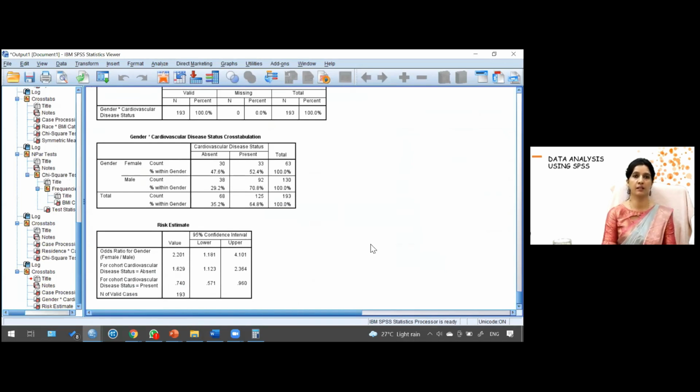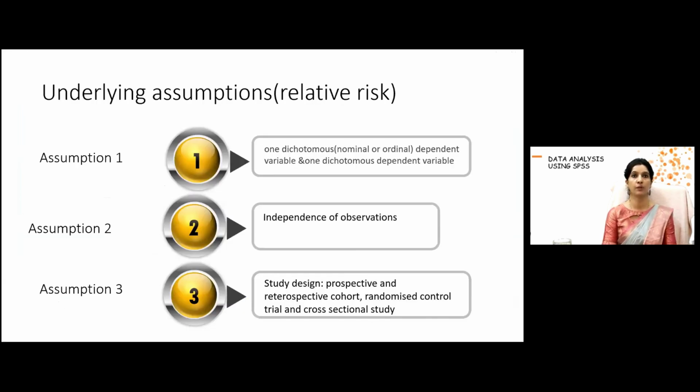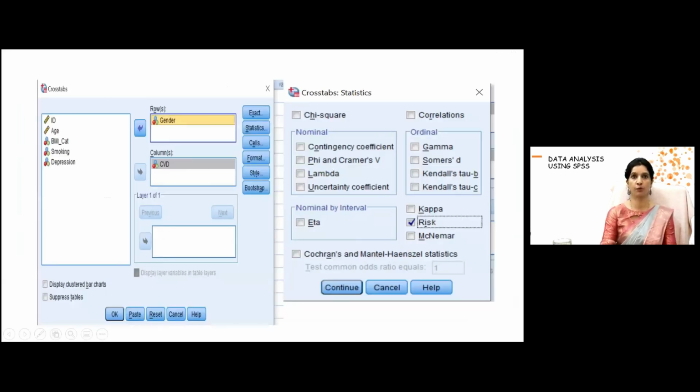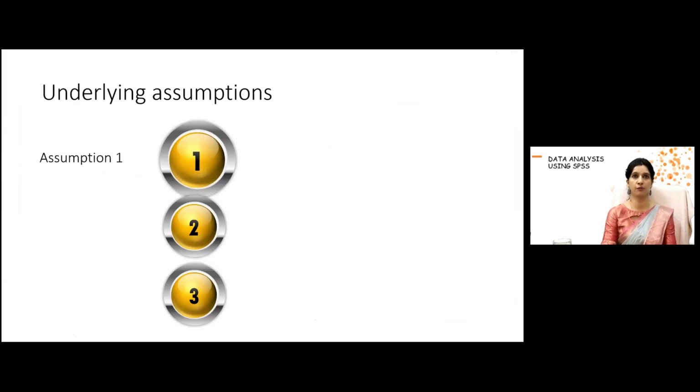So I think before I go to the interpretation, I'll just briefly tell you about the odds ratio also, because then I will explain both the things simultaneously in this output only. So I was telling you regarding this relative risk. So this I'm skipping. So now I'll come to the odds ratio. So what are the assumptions of odds ratio?